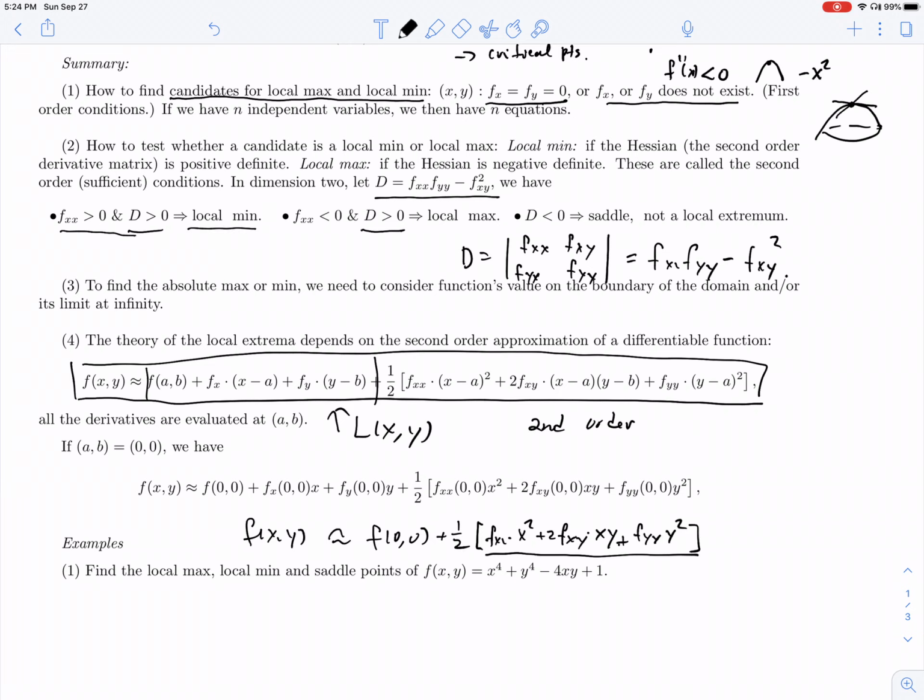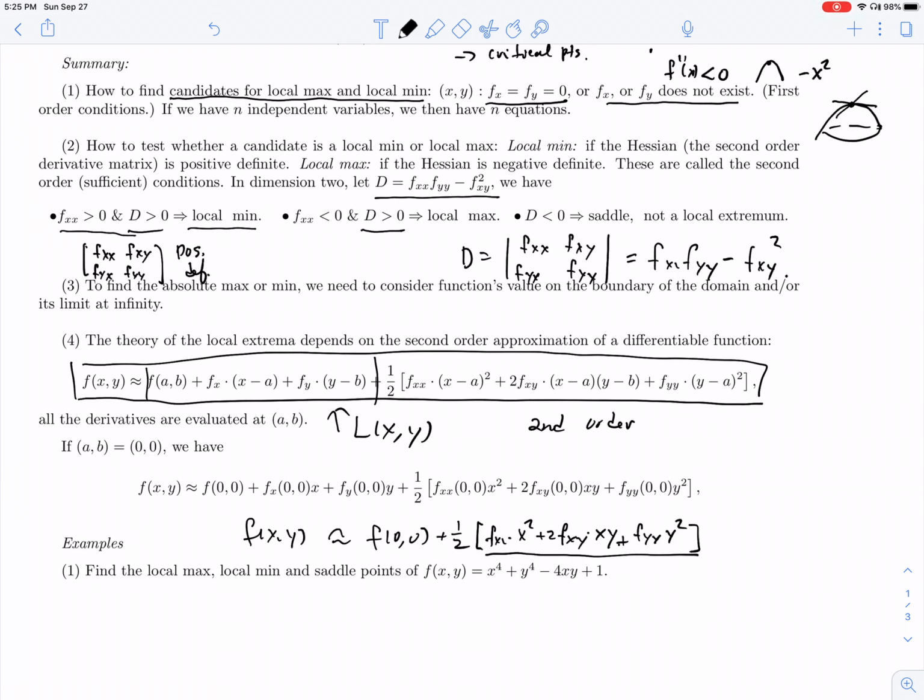Okay. And in this kind of case, this matrix with entries fxx, fxy, fyx, fyy is called positive definite. So if it's positive definite, that's like second order derivatives positive, and then we have local minimum.